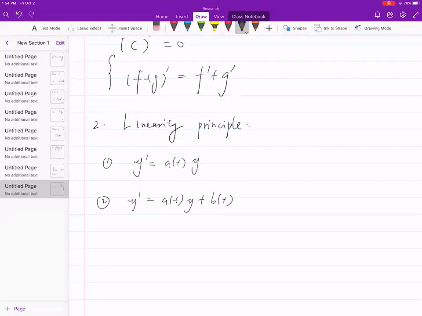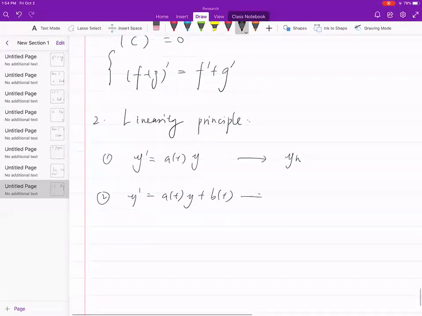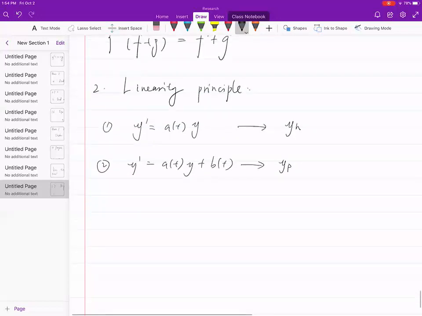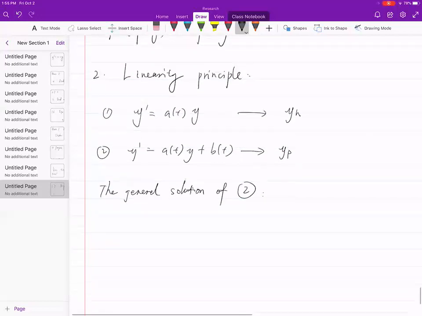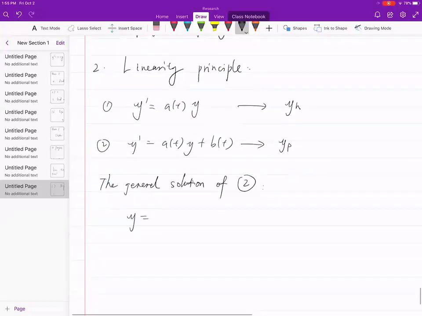Okay. Now we solve the first one. We have a solution YH. We solve the second one. We have a solution YP. Then the general solution of 2 is given by y equals YH plus YP.